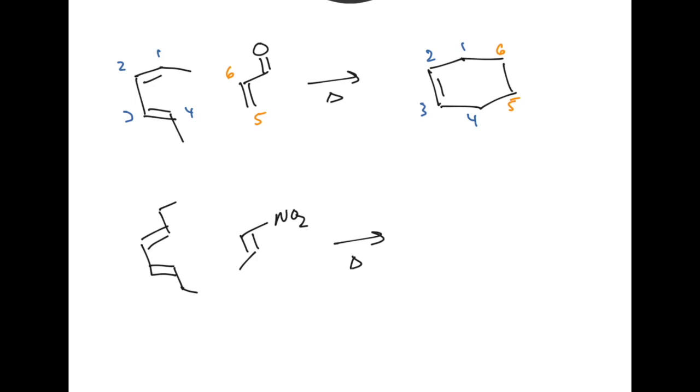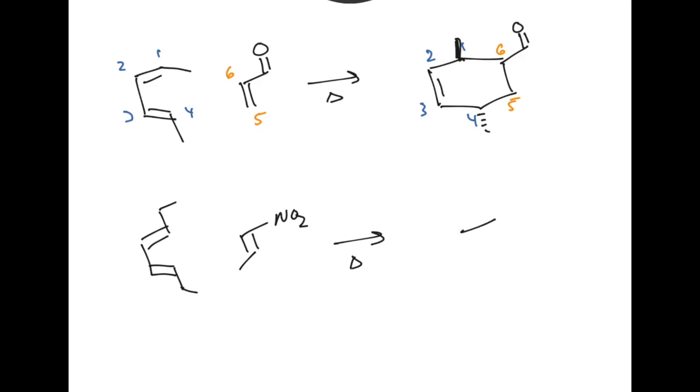One's outside, one's inside. So one's a wedge, one's a dash. Now, I'm not going to worry about the chiral center on carbon 6 right now. Not an issue right now. So we know the relative stereochemistry of 1 and 4. We're not going to worry about 6.